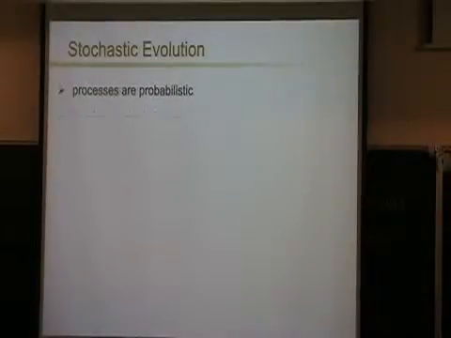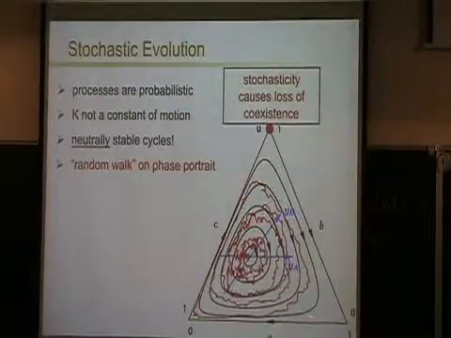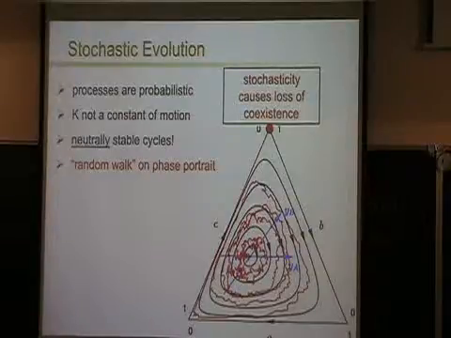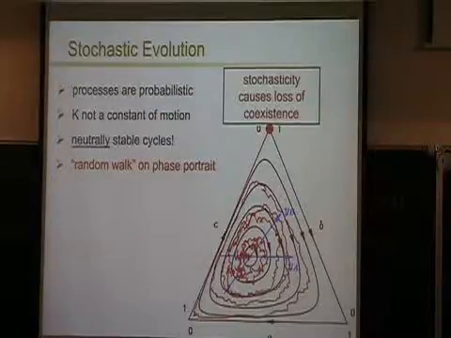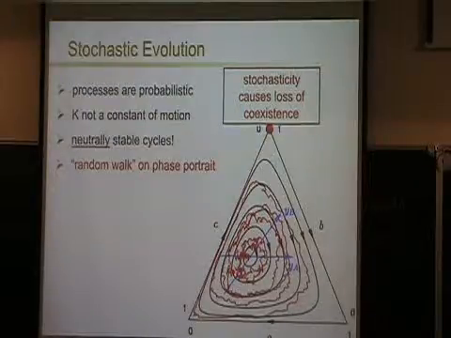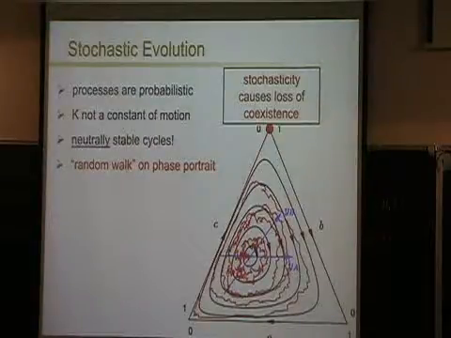If you go to stochastic evolution, then you have a random walk on the phase portrait. On top of this circular motion, if you project this out, you just have a random walk with some modifications. The diffusion constant gets a bit smaller here at the edges, but essentially you have a random walk. And then it happens what must happen. At some point you hit the boundary, and once you hit the boundary, you have two players left. Say scissors playing against paper, and then scissors cut the paper, and you end up at one of the absorbing states.